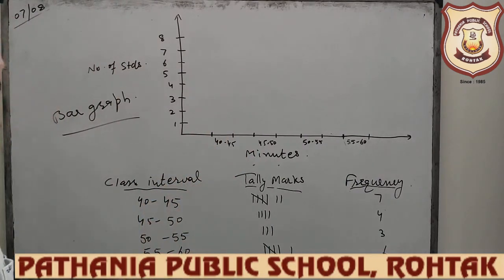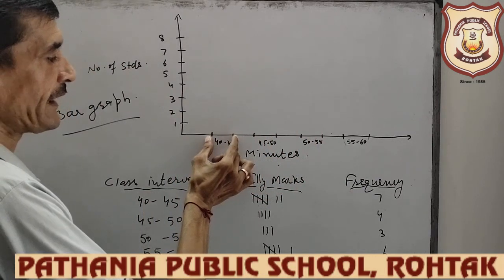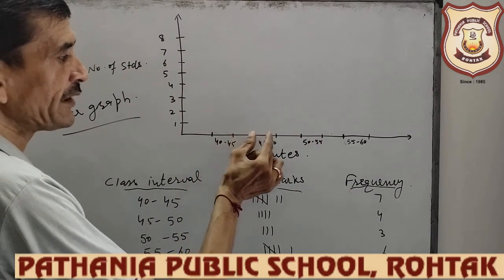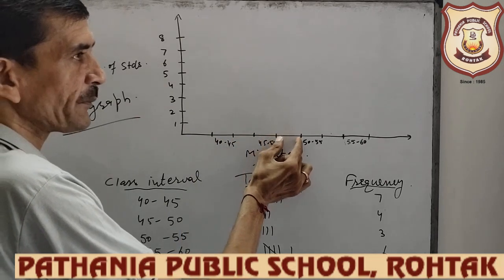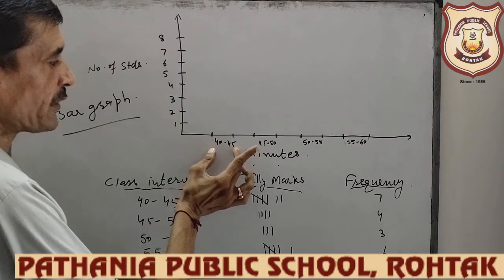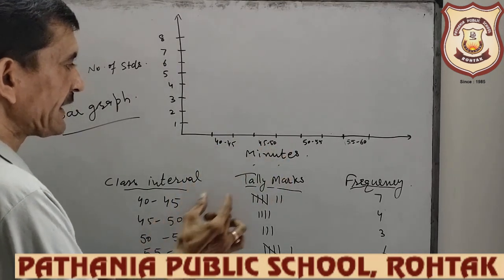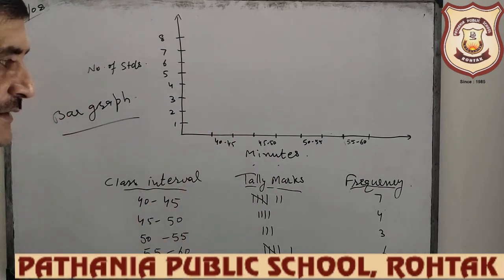On graph paper there is a constant gap in between these. So after 10 units, leave a gap of 10 units, then take 10 units, then leave a gap of 10 units, like this. So first you write 40 to 45, then the second interval 45 to 50, but leave some gap in between these.